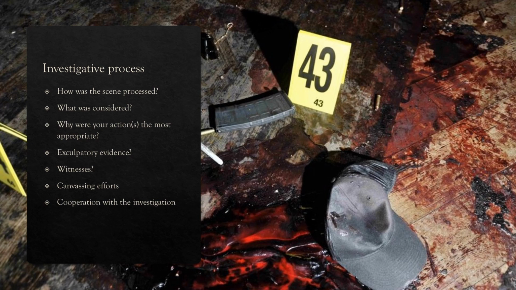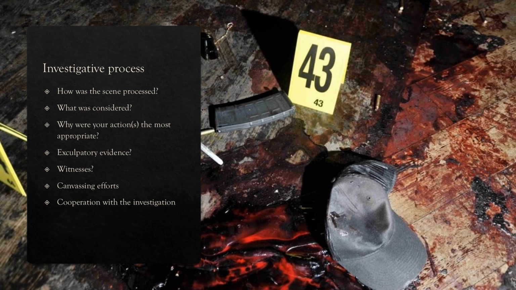What was known by the officer or the detective, and what was being considered in the investigative process? What actions did you take, and an explanation as to why this action was taken and not this other action. Articulation of why the investigation progressed a certain way can help explain why that was the appropriate decision, and what else was considered and why that wasn't appropriate.